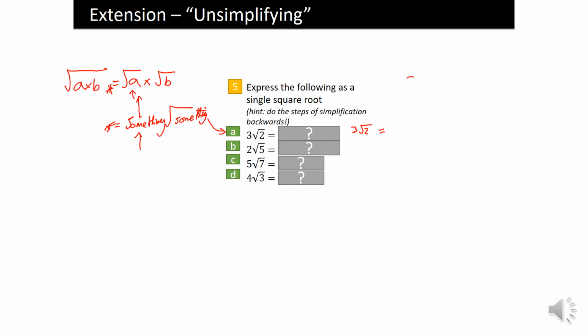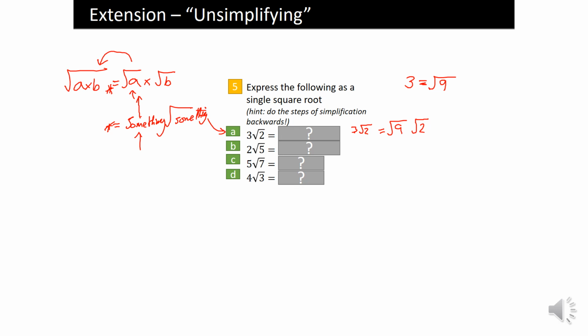So if we have 3, what would that be? What is equivalent to 3 but in a square root? So basically, what number do we square root to get 3? We could write that as root 9. So that's what we'll do. We'll go from 3 root 2 to root 9 root 2. And then from here, we can go back again.